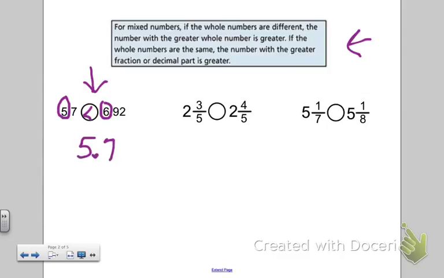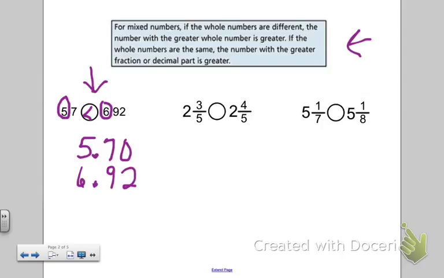Again, if you line up your decimal points so that everything's lined up, you can add zeros if you need to make sure that they all have the same number of digits, and then compare them. If you think money, which one's greater, $5.70 or $6.92? Obviously, 6 and 92/100 is going to be greater. So the whole numbers might give it away without even having to think about it too much.